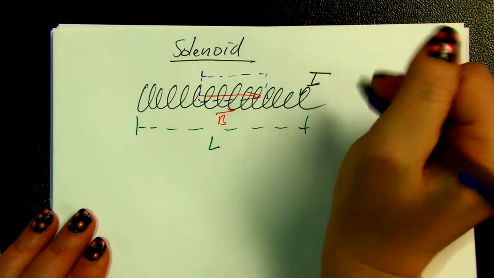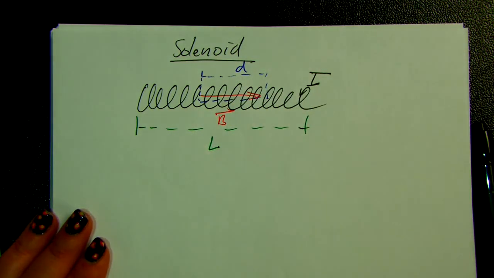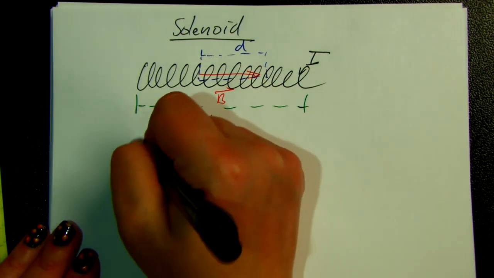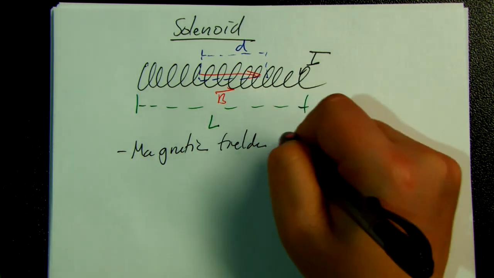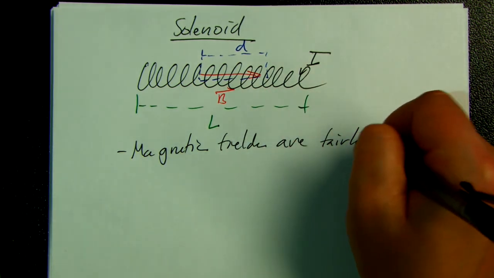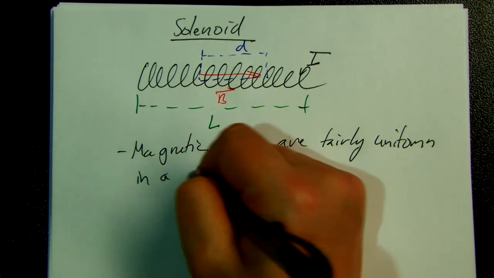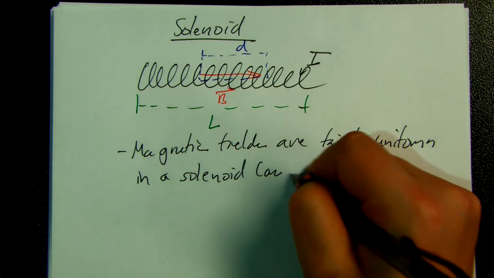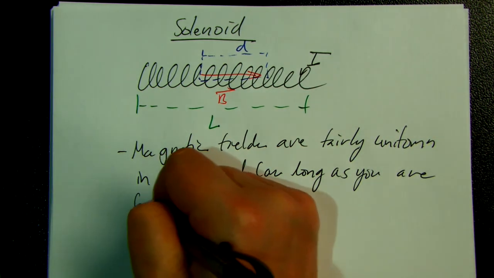We'll look at some segment with length d. So this is going to be our path that we're going to walk around. And so the nice thing about solenoids, as I said, but now I'll write out, magnetic fields are fairly uniform in a solenoid, as long as you are far from the ends.